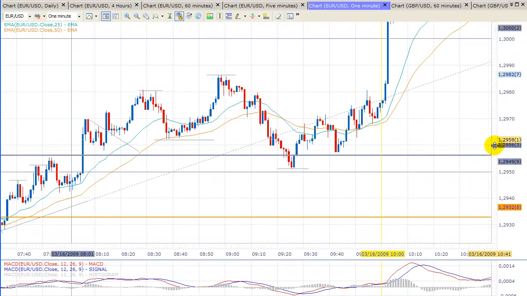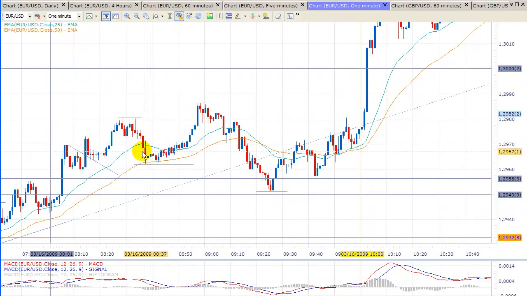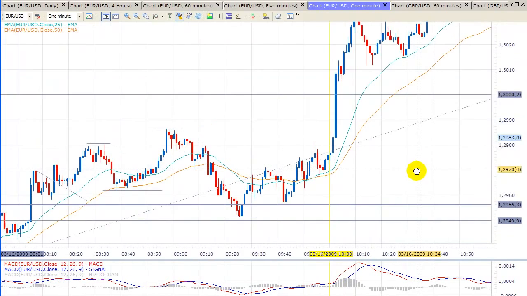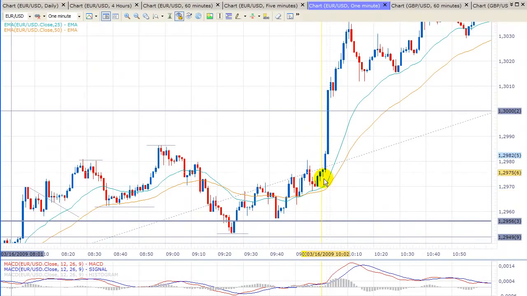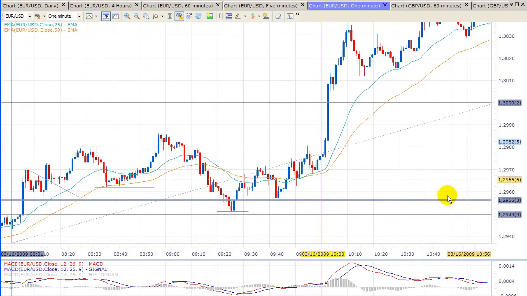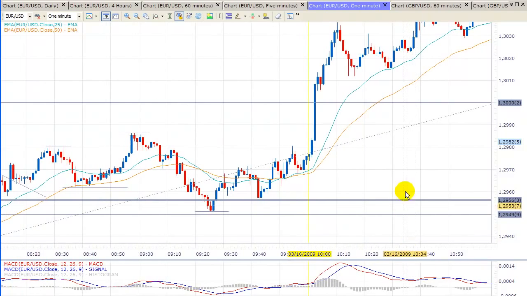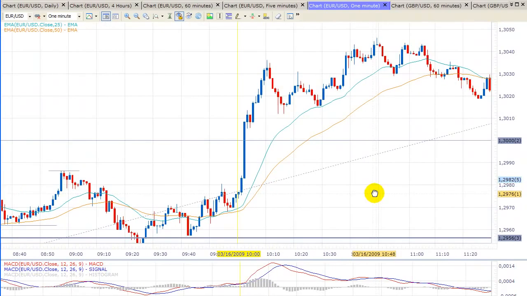So I closed half of the position of the runner, because at news time you never know what's going to happen. So you are just gambling if you are entered before the news. So I decided to close half of the position, just in case the price could go against me. But hopefully it was on the floor, because the CPI was a little bit higher than expected. There was a little bit of deviation.